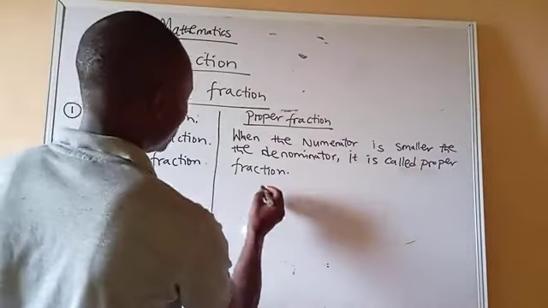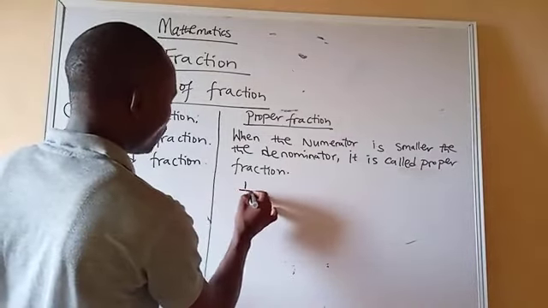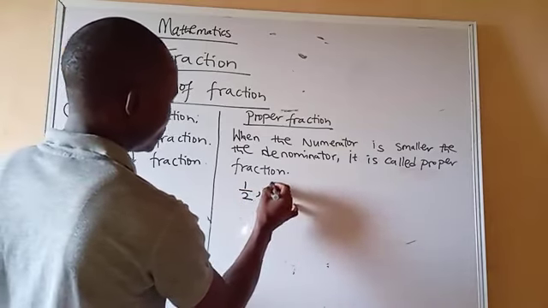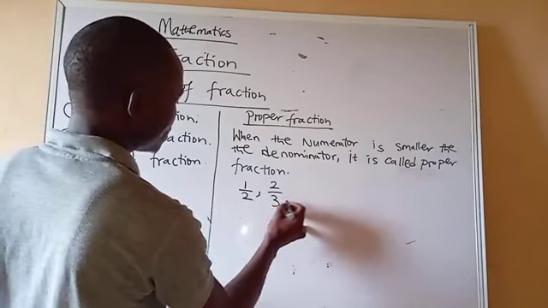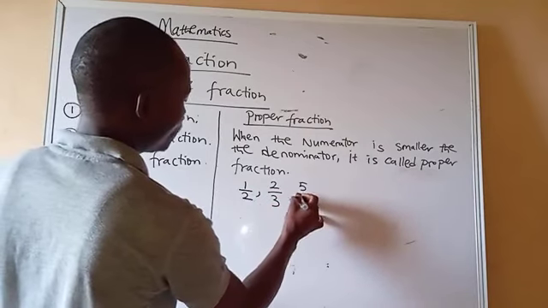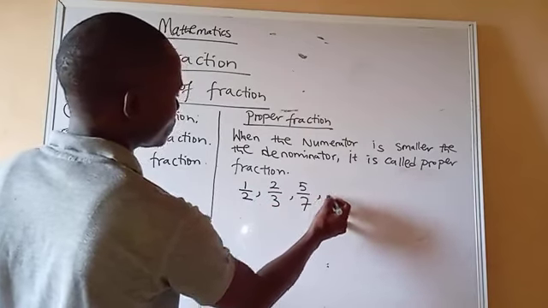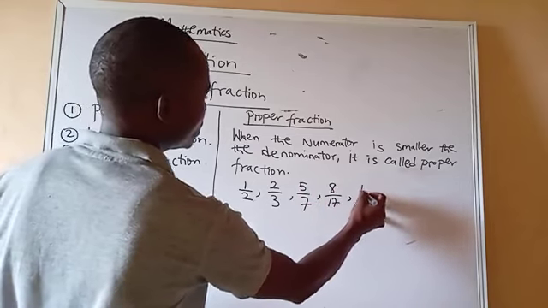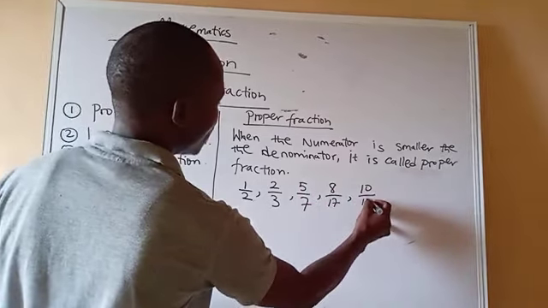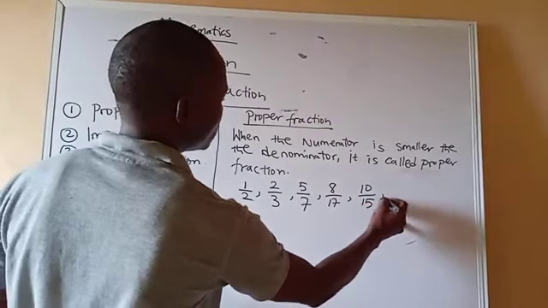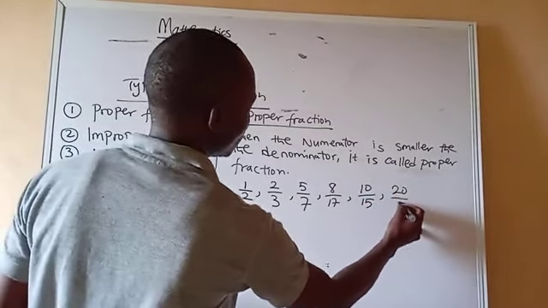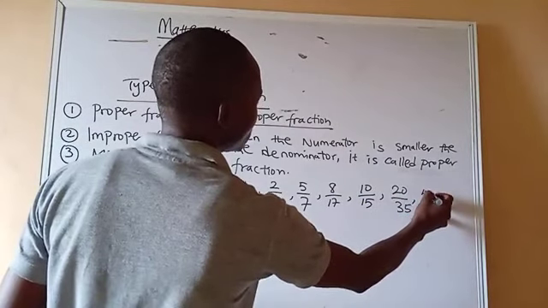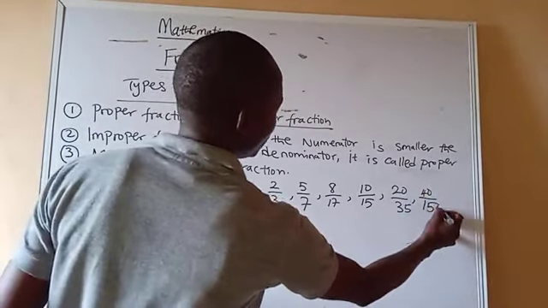For example, this is what I mean. 1/2, 2/3, 5/7, 8/17, 10/15, 20/35, 40/150.